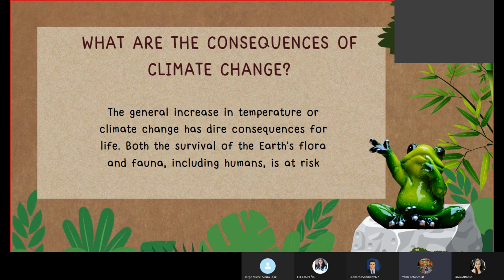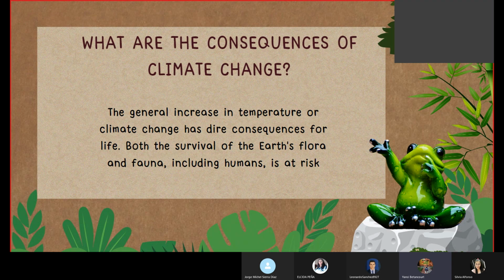Another consequence of climate change is that the general increase in temperature has dire consequences for life, and the survival of the Earth's flora and fauna, including humans, is at risk.